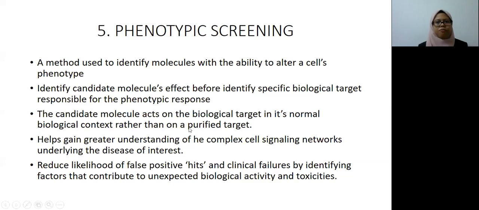We actually identify the candidate molecule's effect before we identify the specific biological target that is responsible for the phenotypic response.